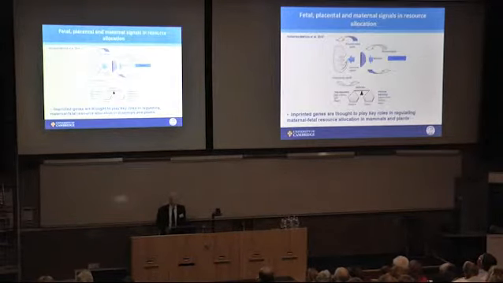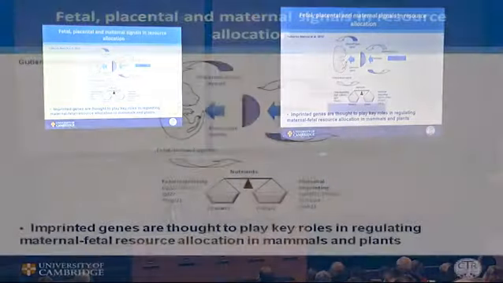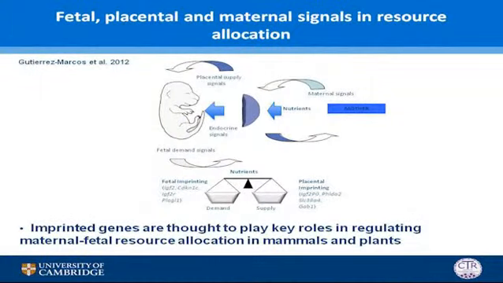And I think that's where we are today with this concept, that we have here the nutrients coming from the mother, we have the placenta sitting in the middle and the fetus here. There are clearly signals coming from the mother to the placenta.